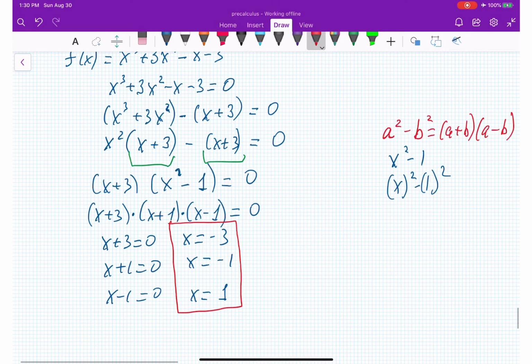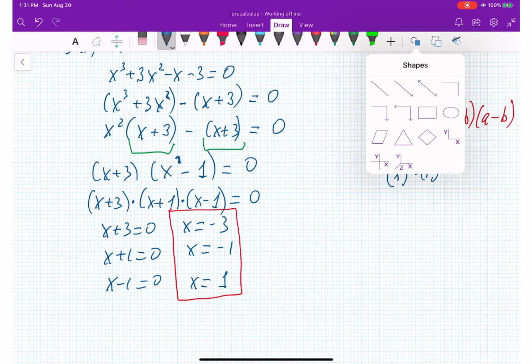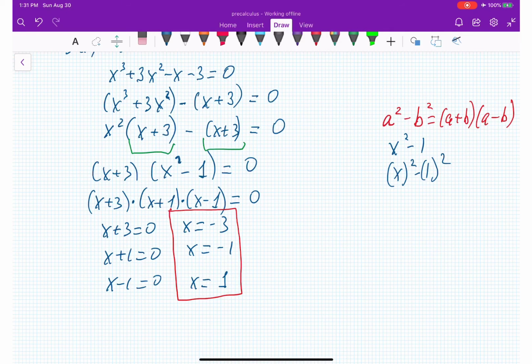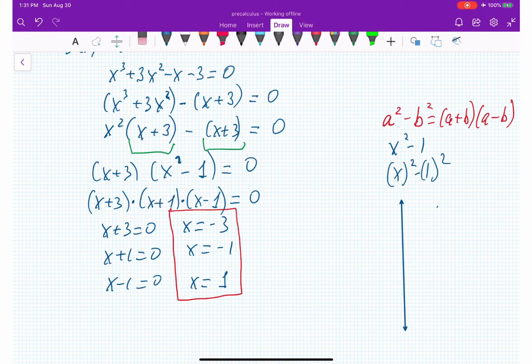And we need them when we build the polynomial. This is what we also call intercepts. Remember, at the beginning I mentioned intercept. This is where we're going to place them: negative 3, negative 1, and 1.